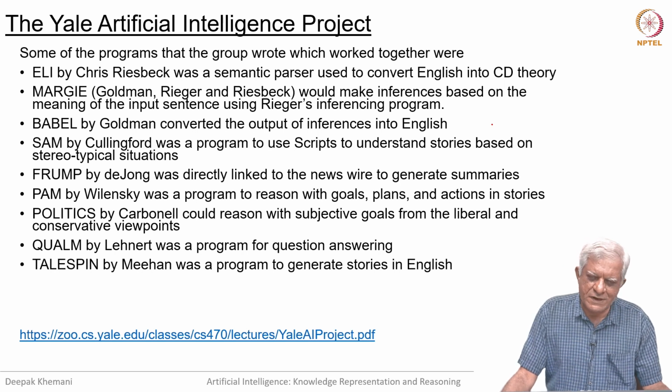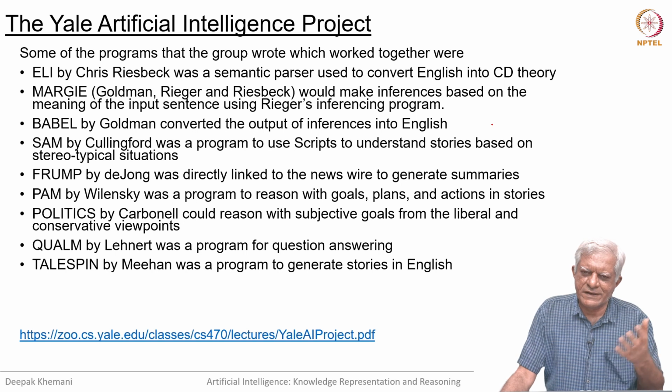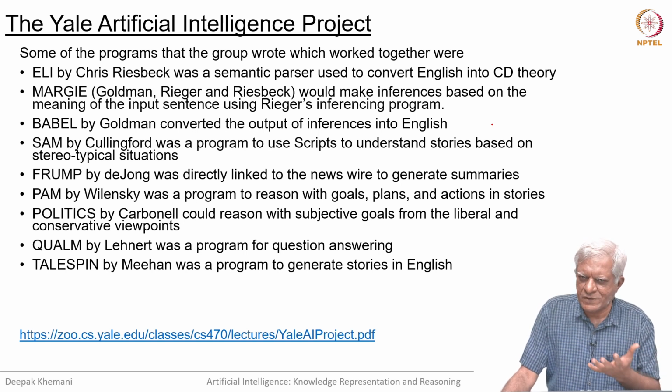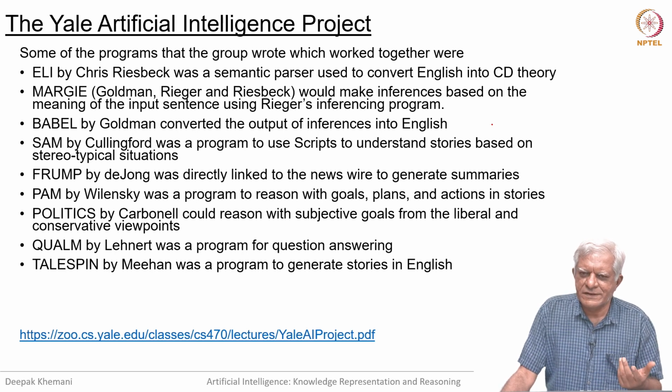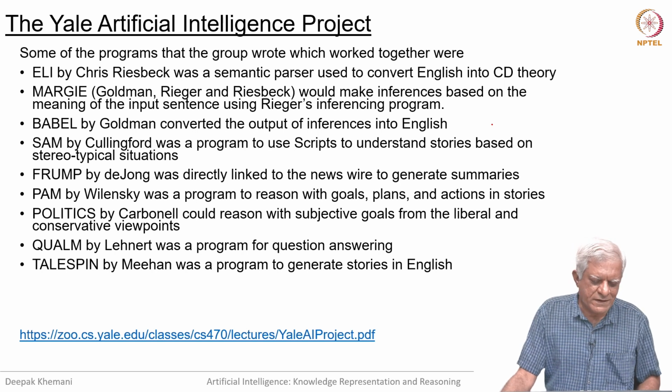Tailspin was a program by James Meehan, a program to generate stories in English. So, if you have all this knowledge about what is happening in the world, expressed in some conceptual base, then you can give some goals to some fictional characters and choose a path that they might possibly follow, and his stories were like that.